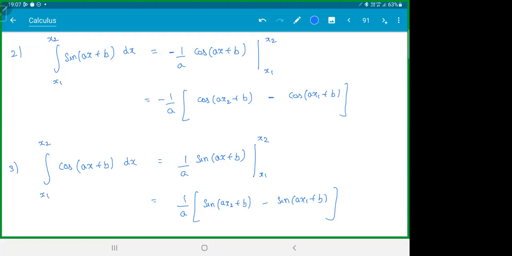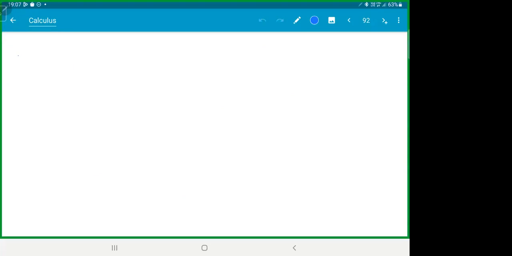Let me show a small example. Turning the page. Let's say if you give me integral sine x dx, let's say from 0 to pi by 2. Now this formula looks like sine ax plus b, where a is equal to 1 and b is equal to 0.